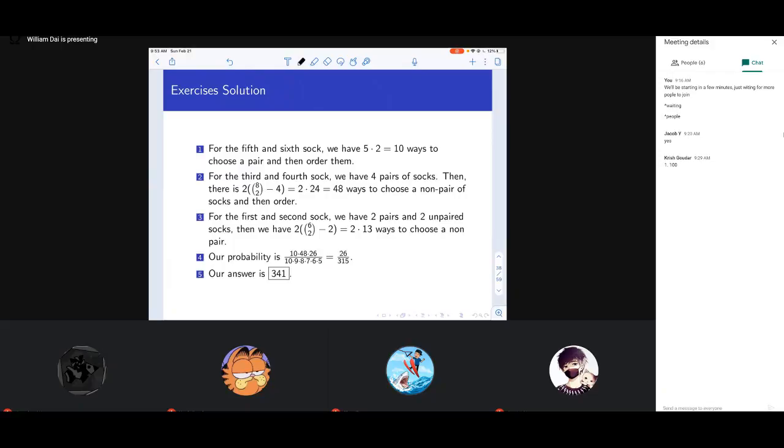And so we're going backwards in time from Wednesday to Monday. So we have choose 2 possibilities here, and then we subtract out the number of pairs of socks we can still form, and we multiply by 2.